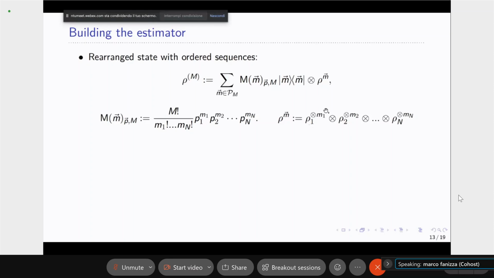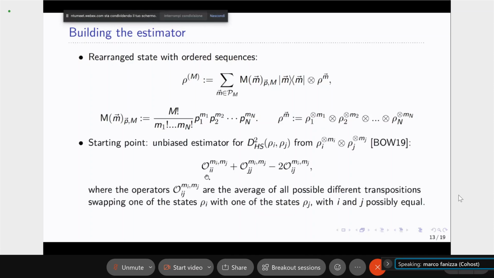If we have m1 copies of rho 1 in a certain sequence of states that comes from m samplings of the original source, then we rearrange the sequence so that the first m1 states are rho 1, and then the m2 copies of rho 2 are just after the copies of rho 1, and so on. And so we save only the information about the number of copies in this vector m, which is distributed according to a multinomial distribution.